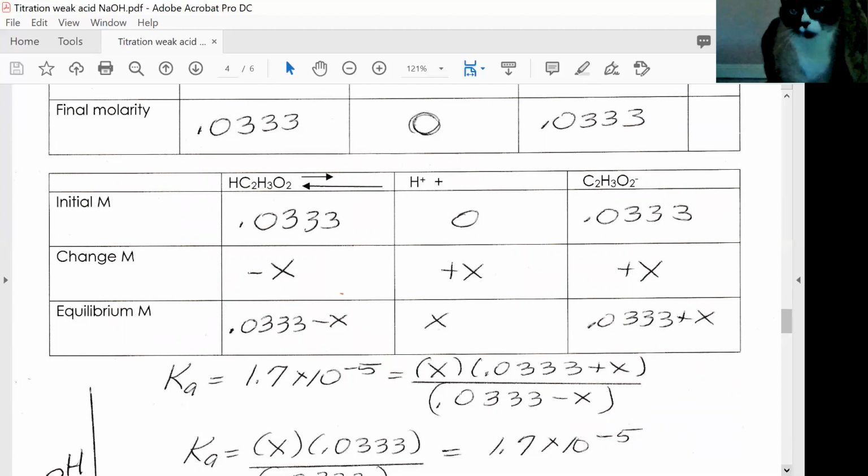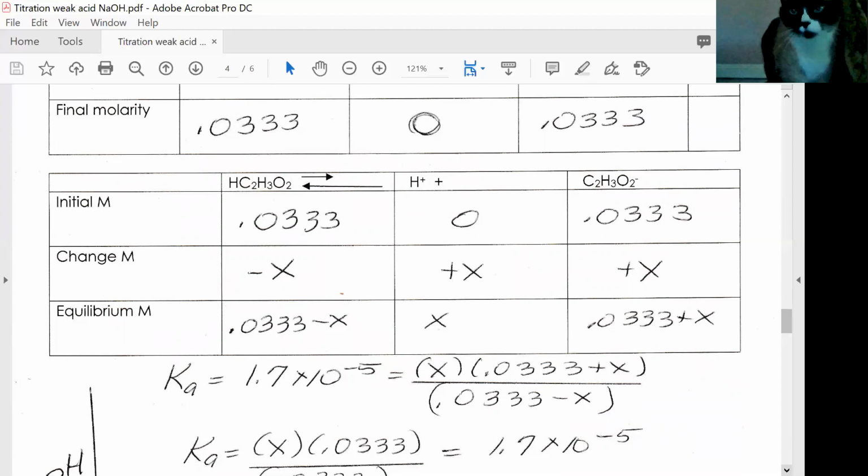Now, initially we have 0 hydrogen ion, but we do have acetic acid and we have acetate. So after we fill in our equilibrium, we set up our Ka expression.